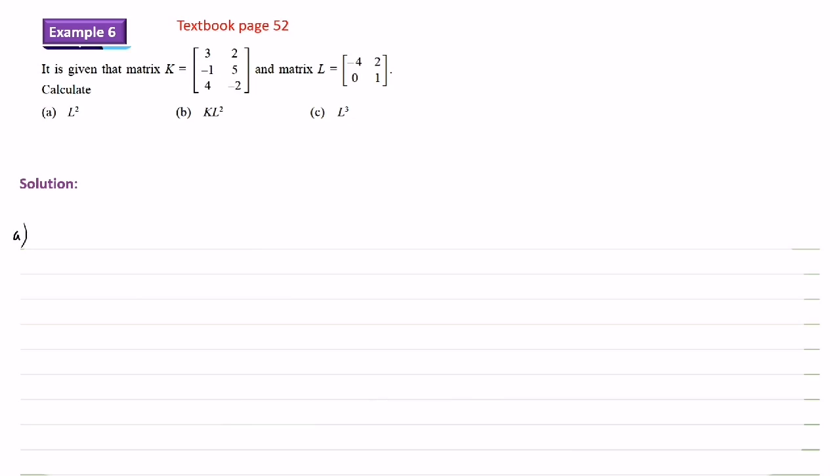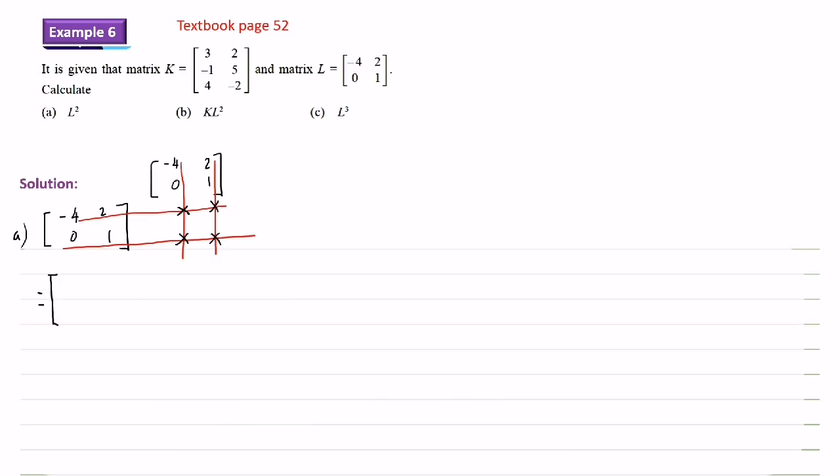L square means matrix L times matrix L. So negative 4, 2, 0, 1 times negative 4, 2, 0, 1. We obtain a 2 by 2 matrix. Okay, so what is your answer?